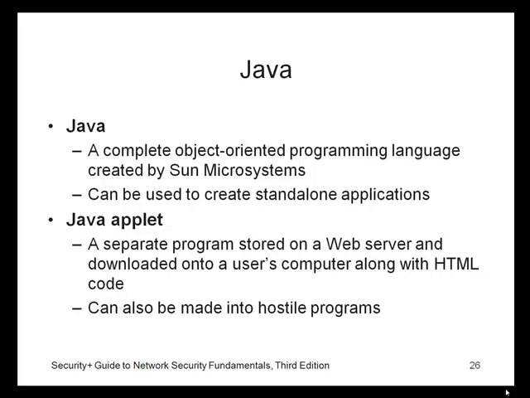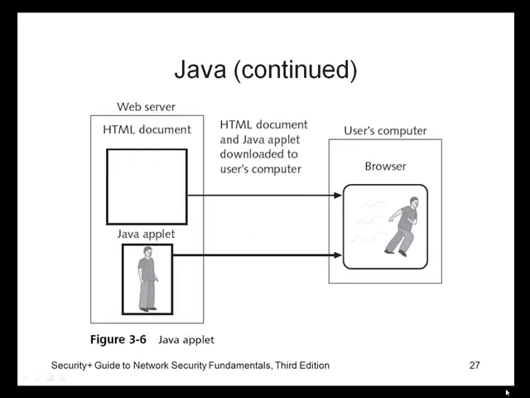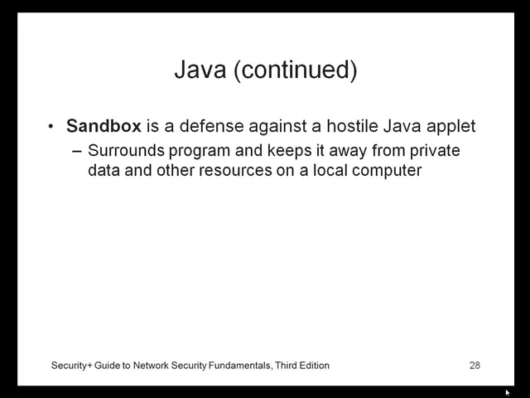It can also be made into hostile programs, but again, Java does run in a sandbox. Sandbox is a defense against these, surrounds the program and keeps it away from private data resources. Sandbox is a term you'll hear, which means that it runs in its own little area, and it can't get out of that area.